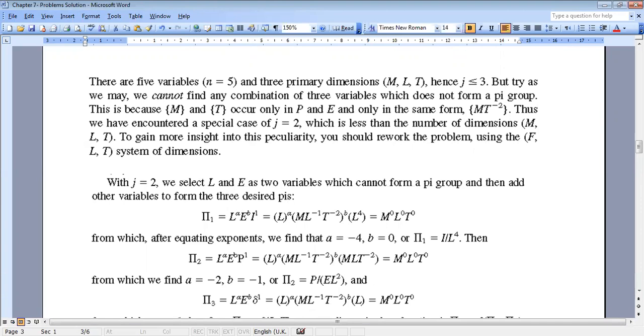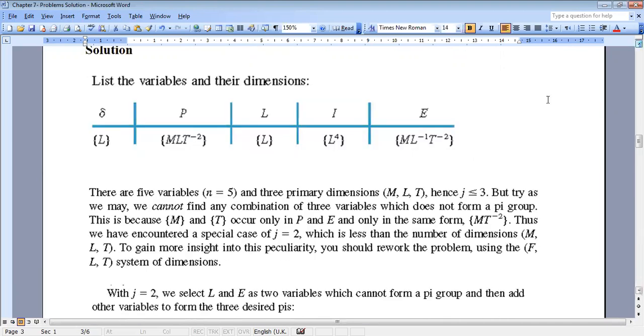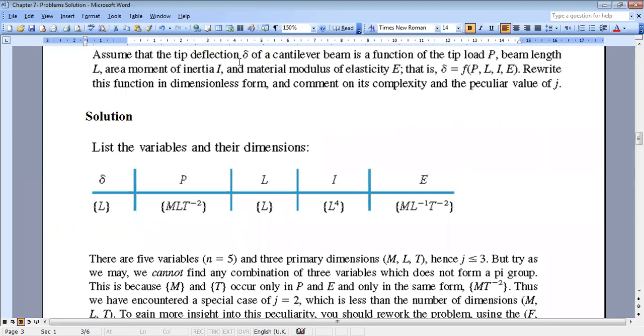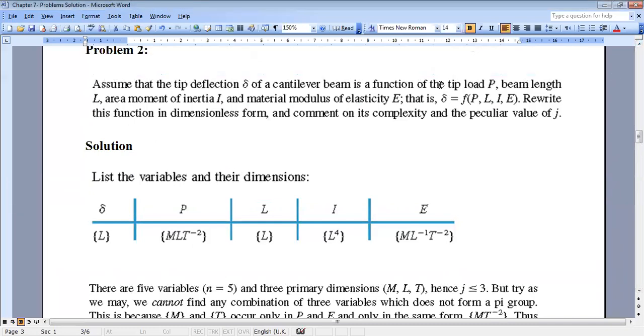So for example, let us choose delta and P. Let's say, in general, because here my problem is delta is the variable that I want to find as a function of the others, I will not use it as one of the independent variables. Okay, because my purpose is to express the deflection as a function of the other variables. So don't take it as one of the independent variables. Try to take something else.